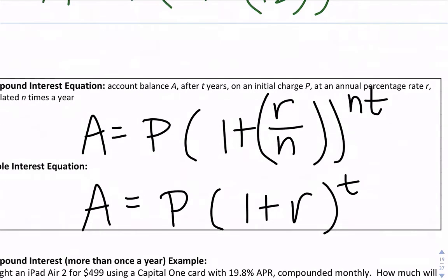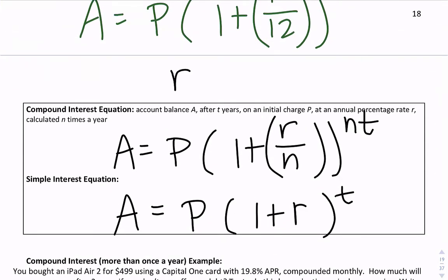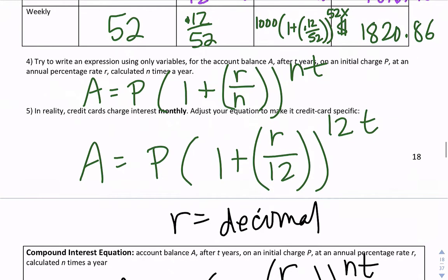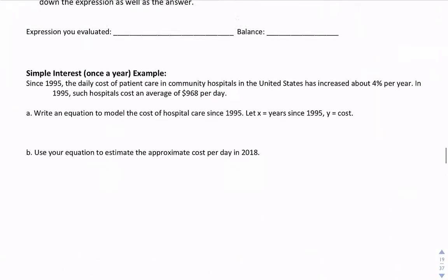So there's simple interest, so it should be once a year, and that's what we've been looking at the last 2 days. And remember, you want your rate as a decimal. It's a percentage, and you change it to a decimal. I think I write that somewhere, rate as a decimal. Maybe not. Okay, so let's do some examples of compound and simple interest, and then you'll have your assignment.